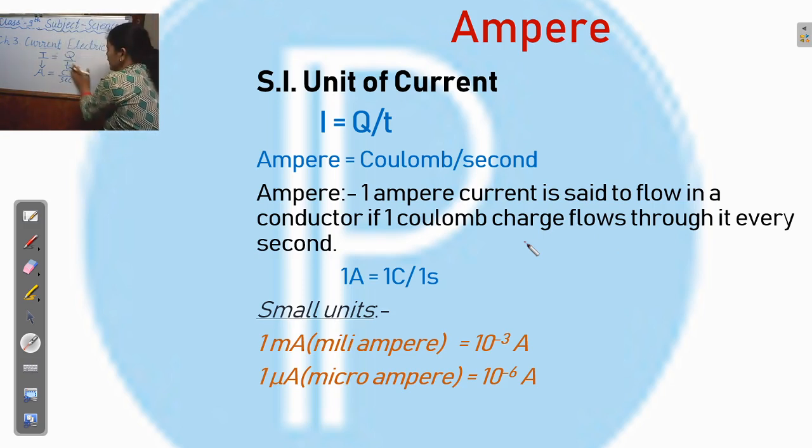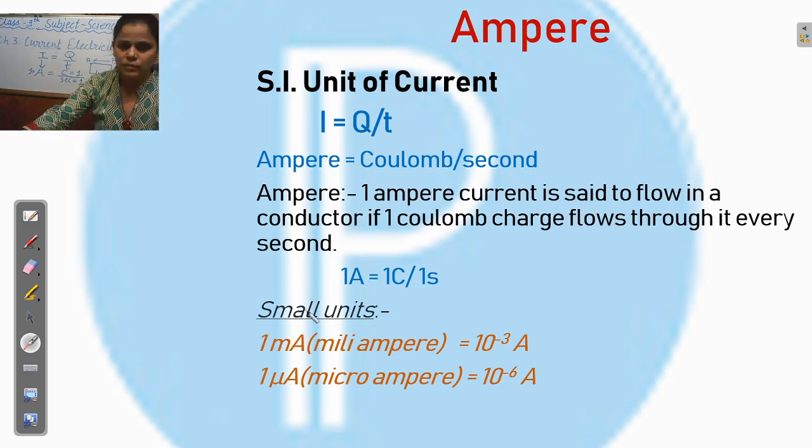Let's consider time equals 1 second and charge equals 1 coulomb. If 1 coulomb of charge flows through this conducting wire in 1 second, then it is called 1 ampere.